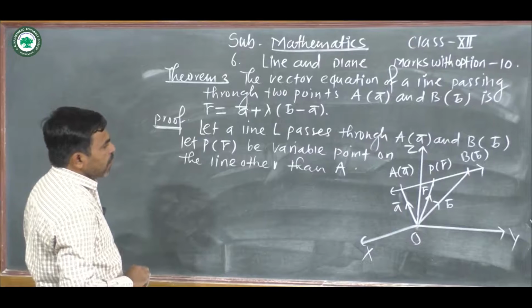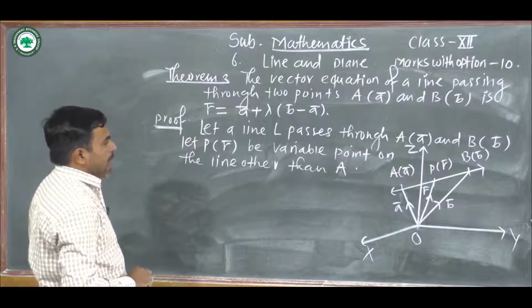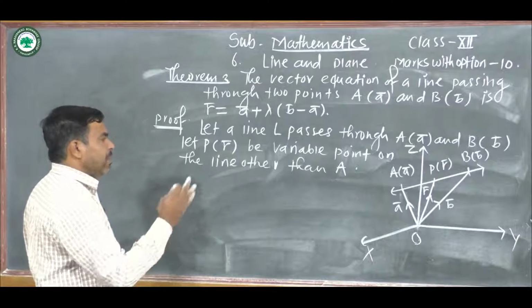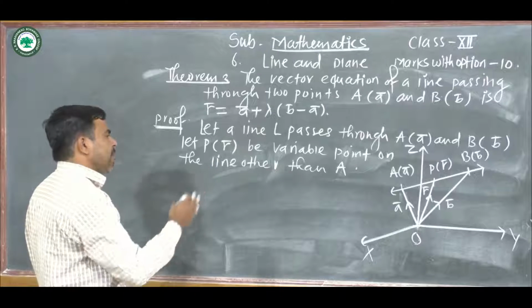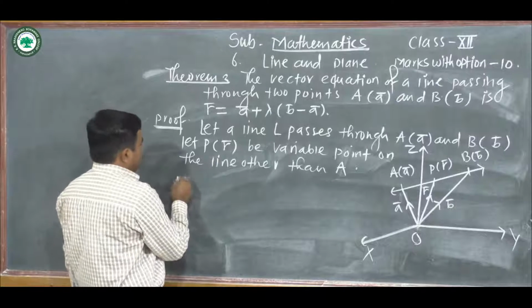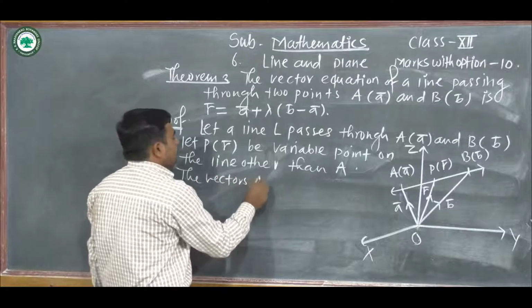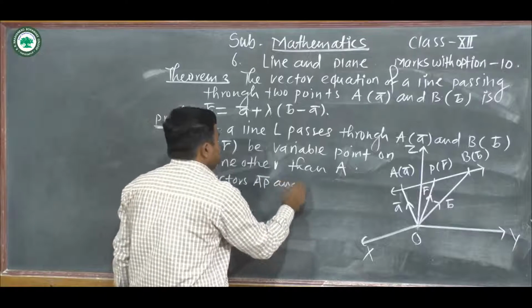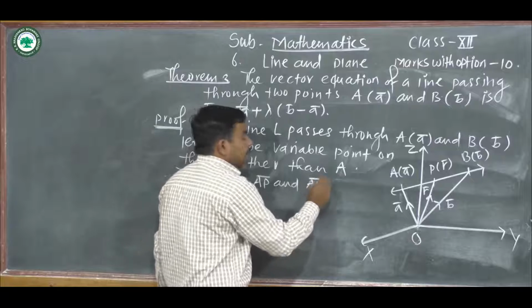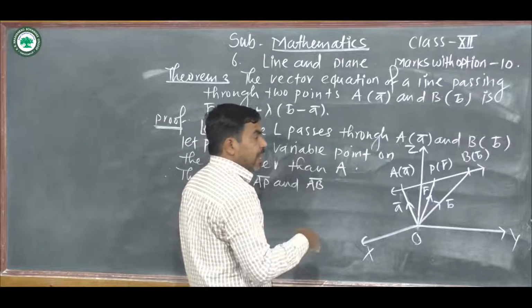Now from the figure, AP bar and AB bar lie on the same line. It means they are collinear.